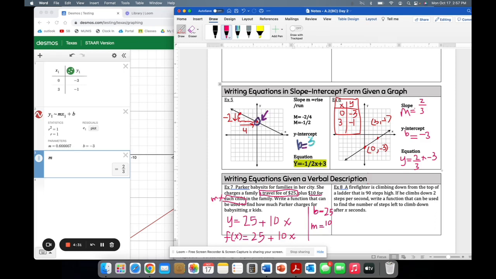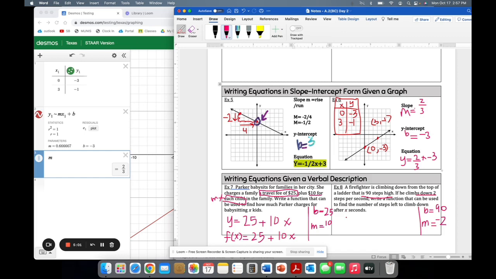The next example says a firefighter is climbing down from the top of a ladder that is 90 steps high. So that's your b, the beginning value or starting point, which is 90. And he climbs down 2 steps per second. So that's your slope. Your slope is -2 per second, so -2x.